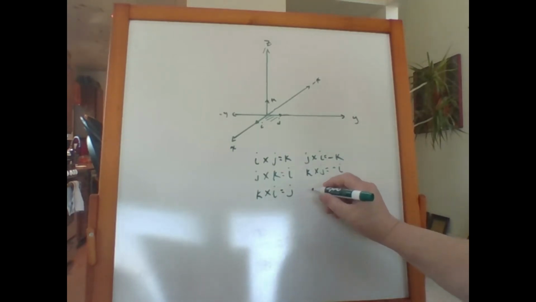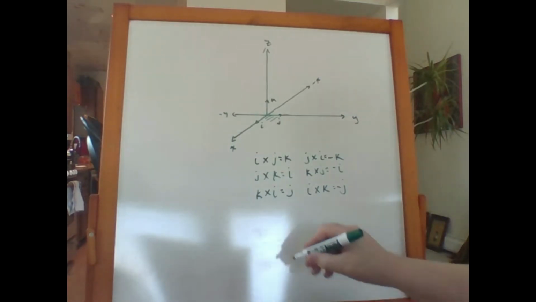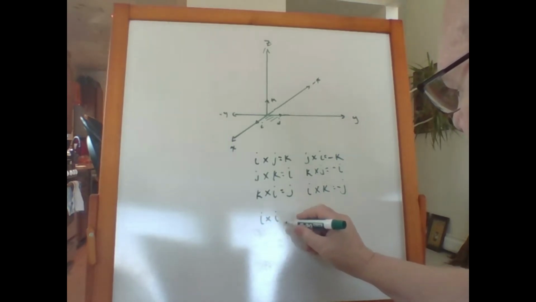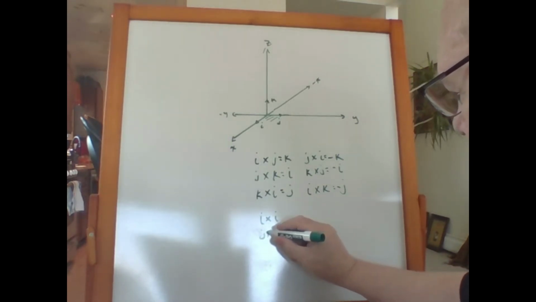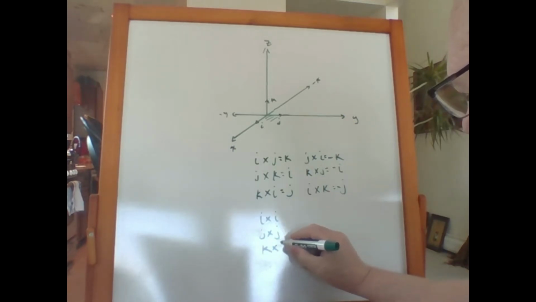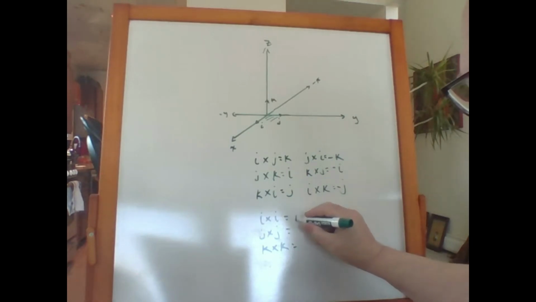So here we have I cross K equals negative J. And then we have I cross I, J cross J, and K cross K equals 0.